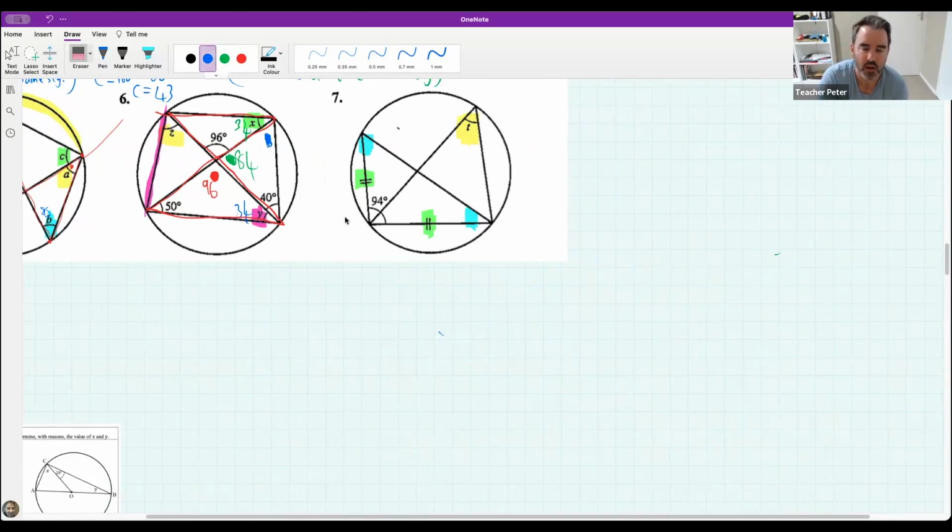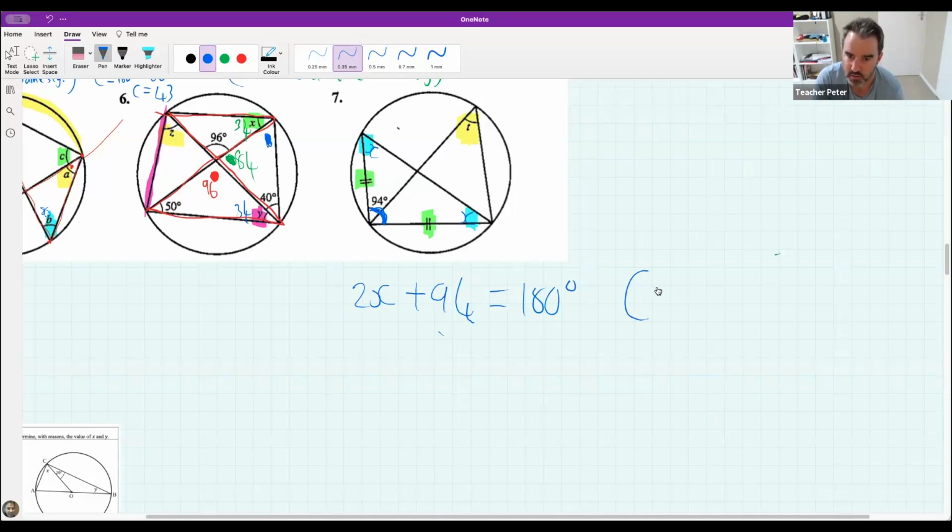So I think if this whole thing is 94, and these two are isosceles, we can call these two things x, then you know that 2x plus 94 must equal 180. And the reason you know that is that you were given two sides equal, and you also know the sum of angles in a triangle is equal to 180.